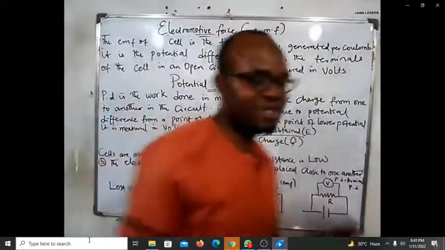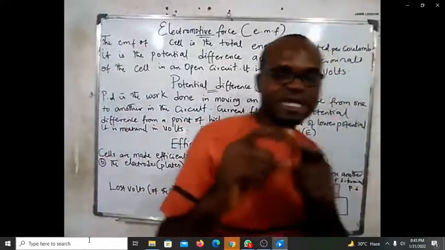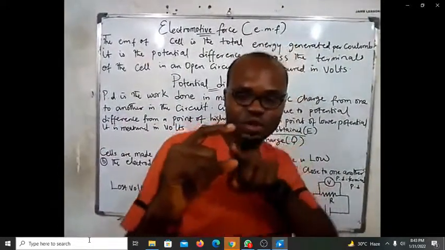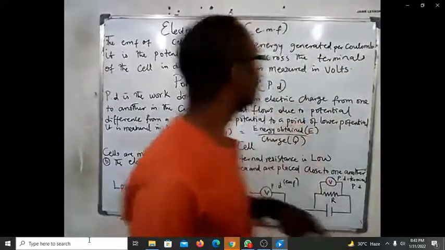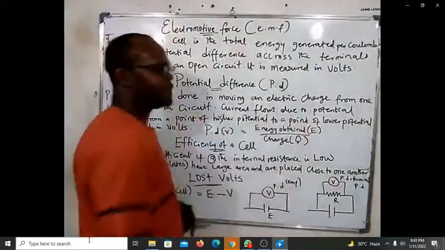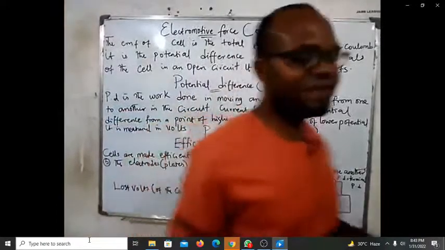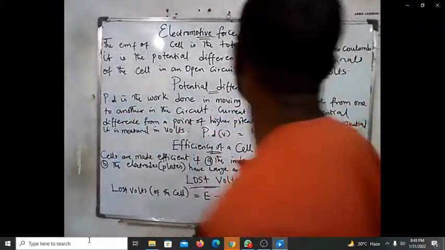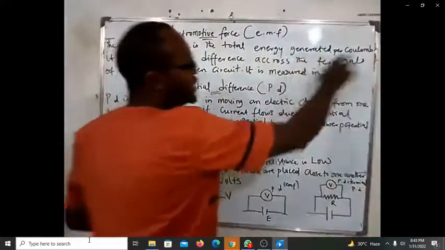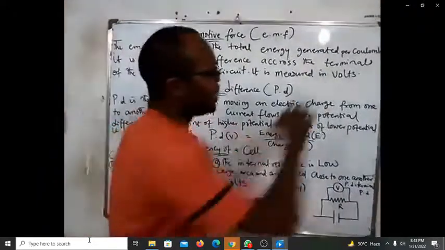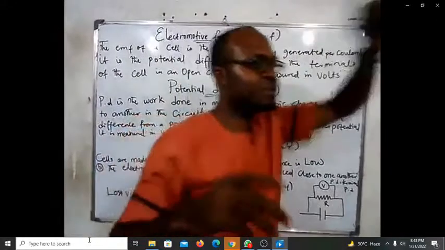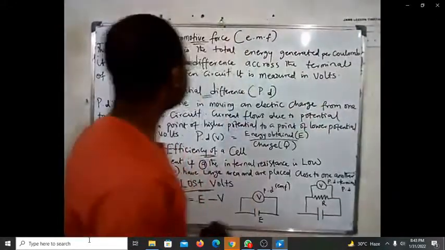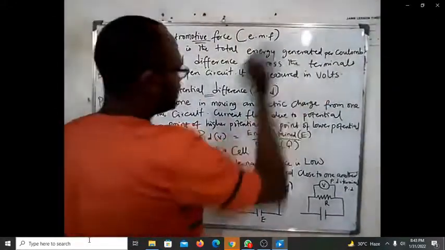So when you have a battery or a cell, the force that enables it to let the current or the electric charge to flow in the circuit is known as EMF. So this electromotive force is actually the energy generated per coulomb that enables charges to flow through a circuit, and it is measured in volts.